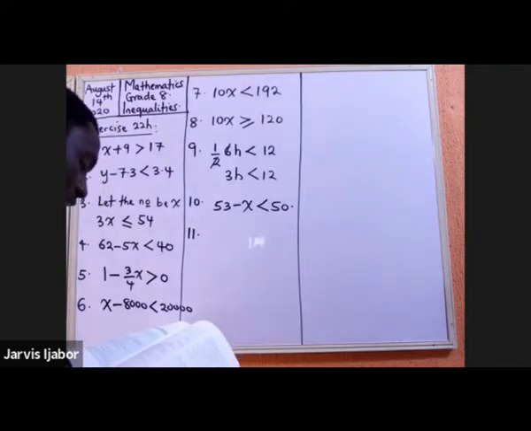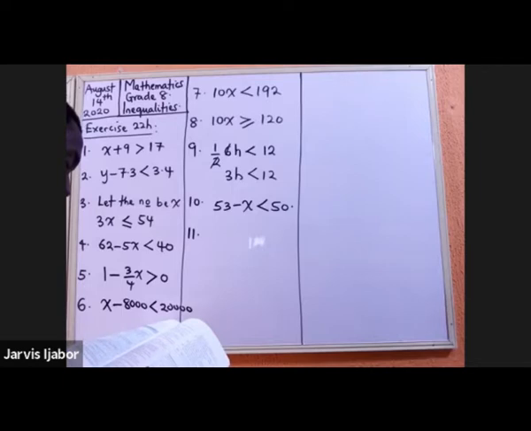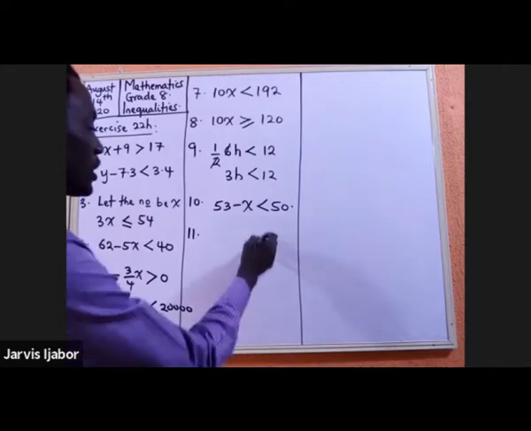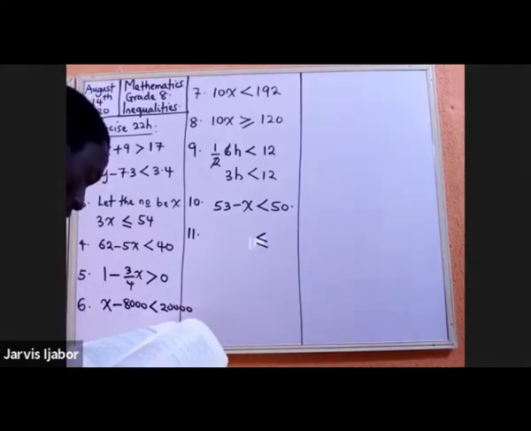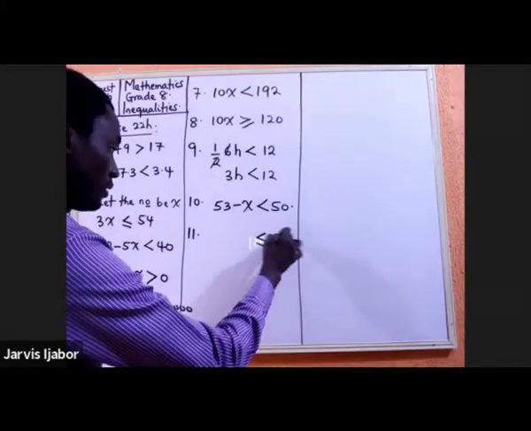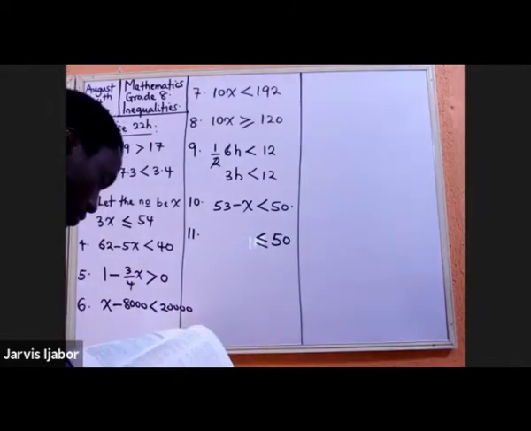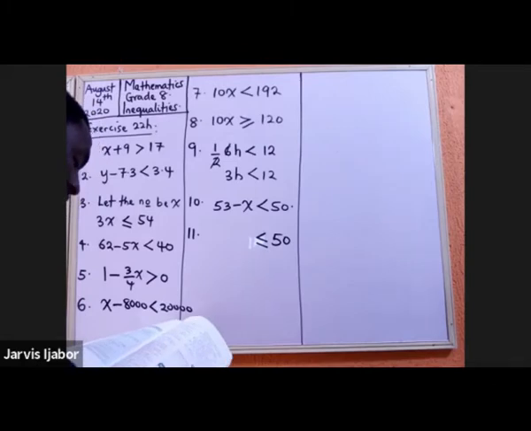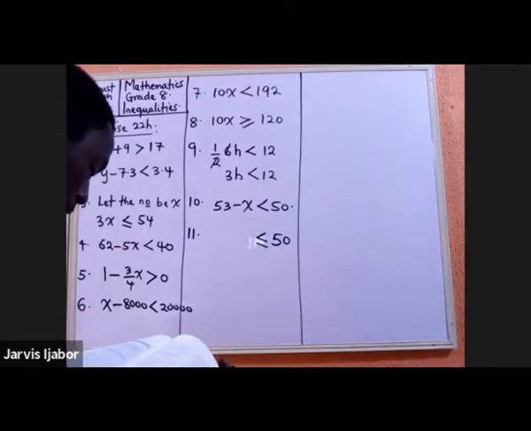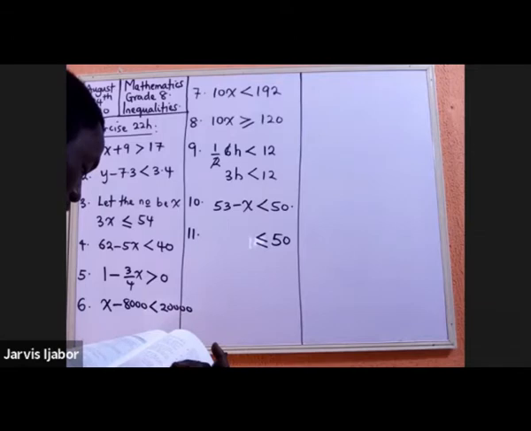Find the value of b if the perimeter of the rectangle is not greater than, which means it's less than or equal to 50. And not less than 50 is and not less than. So this one is a very interesting question. We're going to have two different equations here now.